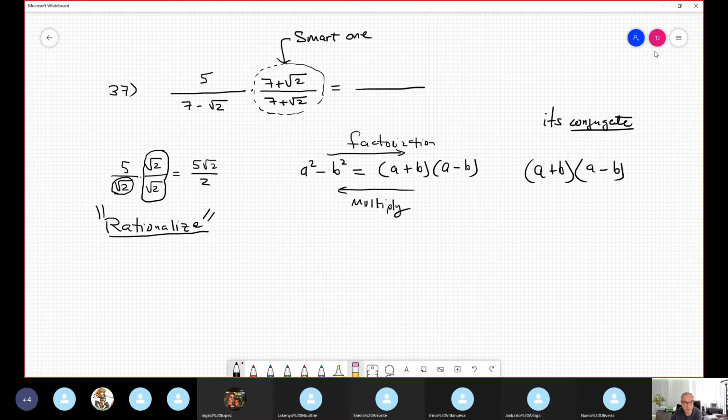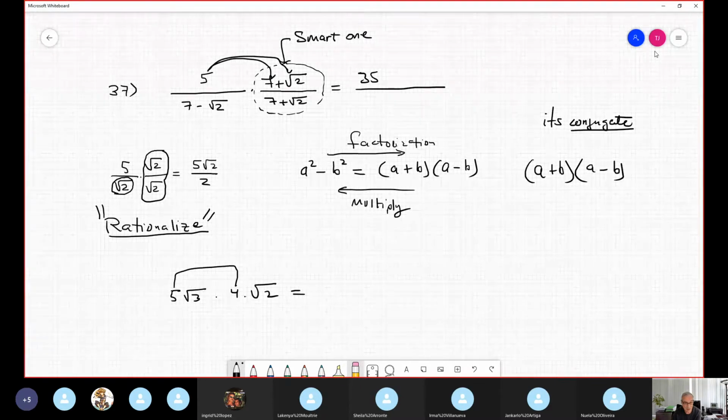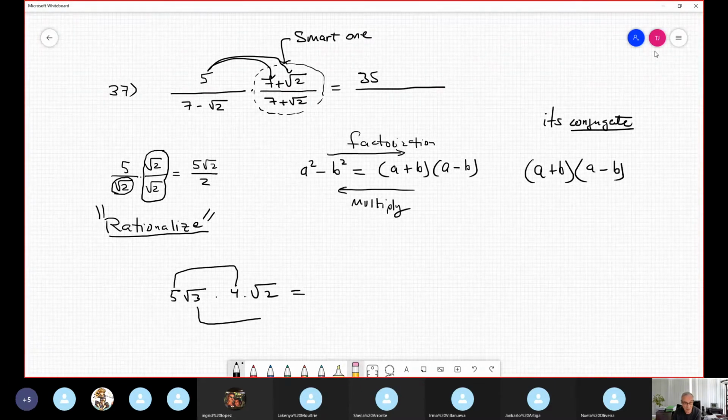Well, the top is easy. The top is 5 times 7, which is 35. So you multiply this times this, like with the distributive property. And this times this, be careful, because when you multiply 5 radical 2, you multiply the number outside separately by the number outside.